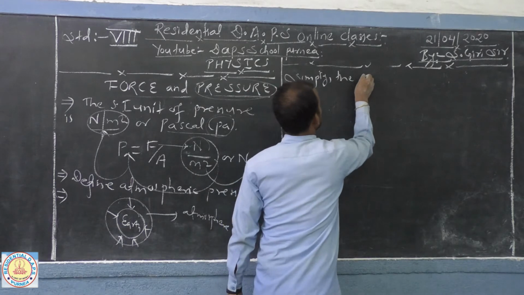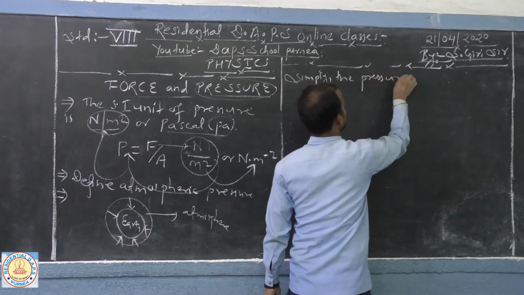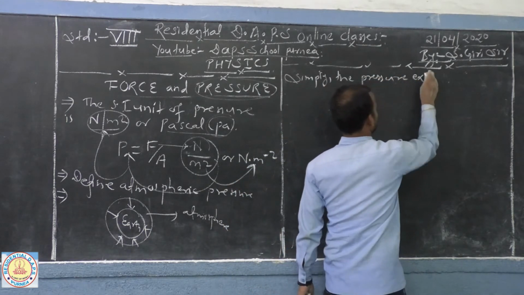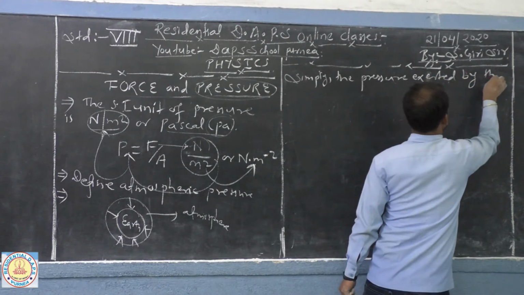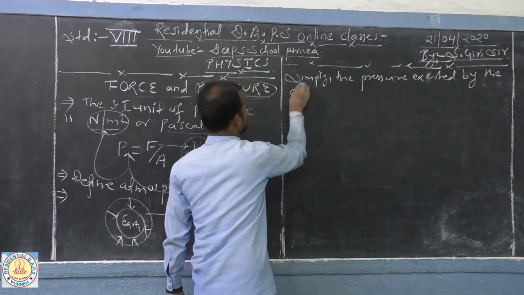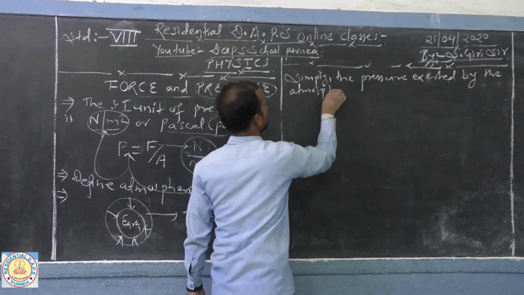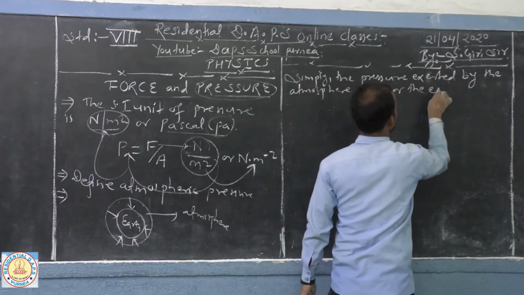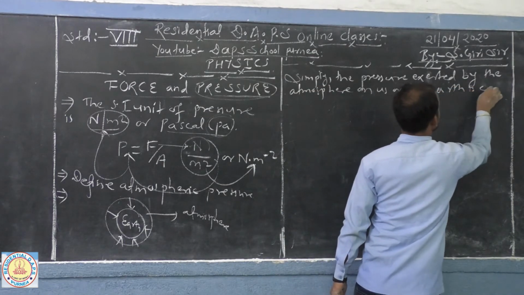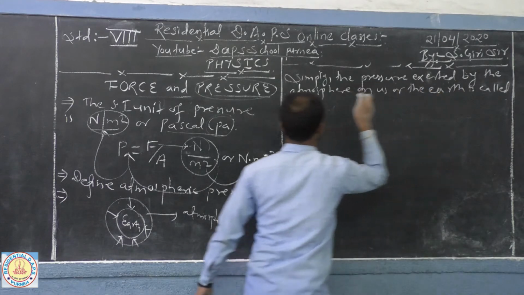Simply, the pressure exerted by the atmosphere on us or the earth is called atmospheric pressure.